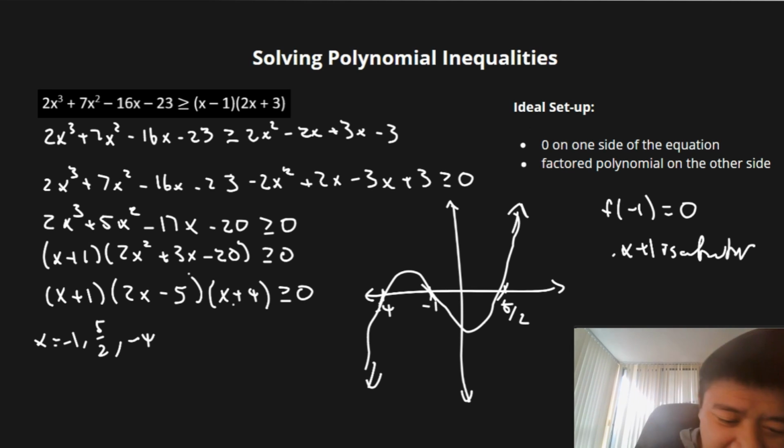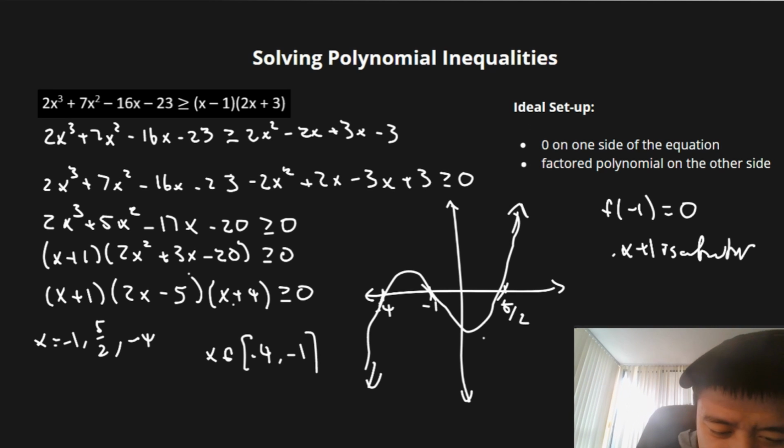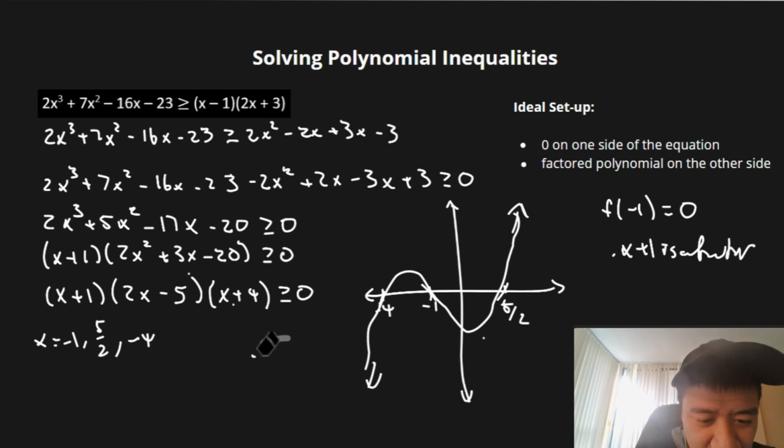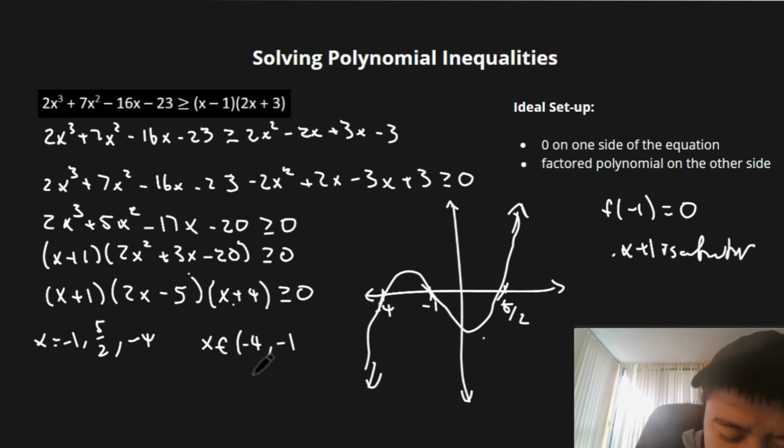So let's write our interval. So x belongs to negative 4, negative 1. Okay, so this is where writing out our answer is a little bit different.